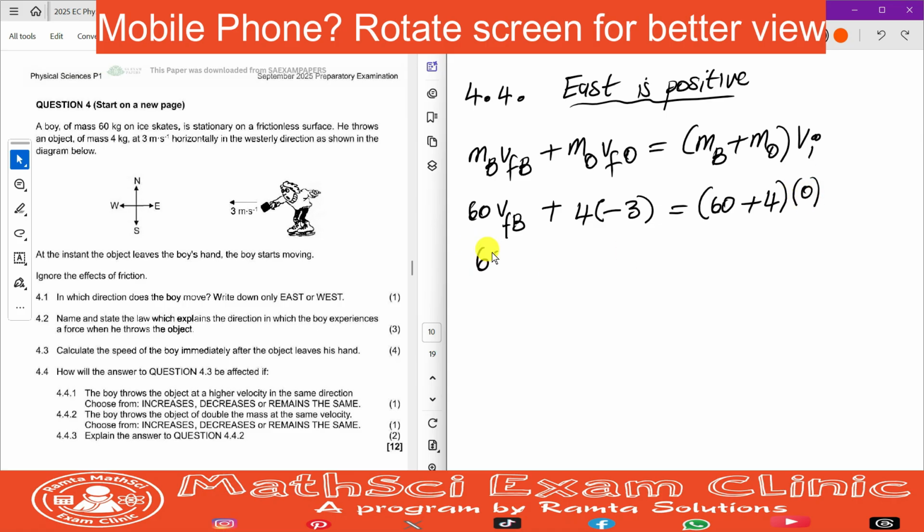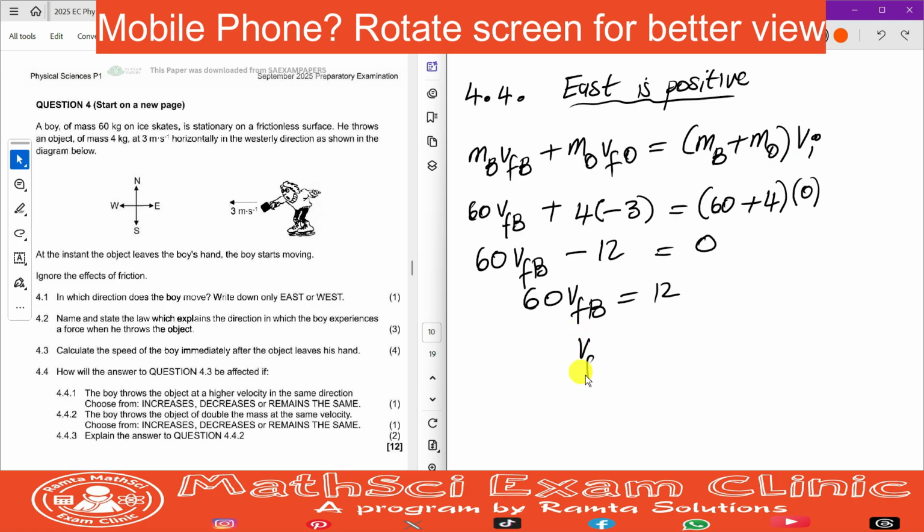So let's see. 60 times final velocity of the boy minus 4 times 3, which is 12, equals anything multiplied by 0, which is 0. So here we have 60 times the final velocity of the boy equals 12.